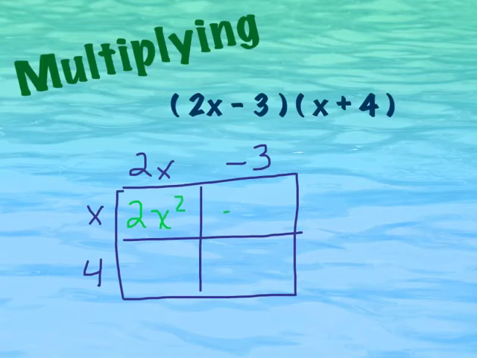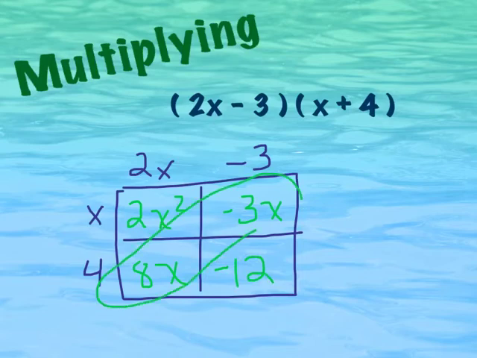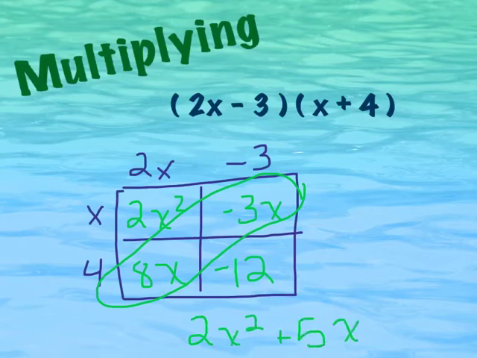Negative 3 times x would be negative 3x. 2x times 4 is 8x, and negative 3 times 4 is negative 12. We then can combine our like terms and write our expression. 2x squared, 8x minus 3x is a positive 5x, minus 12.